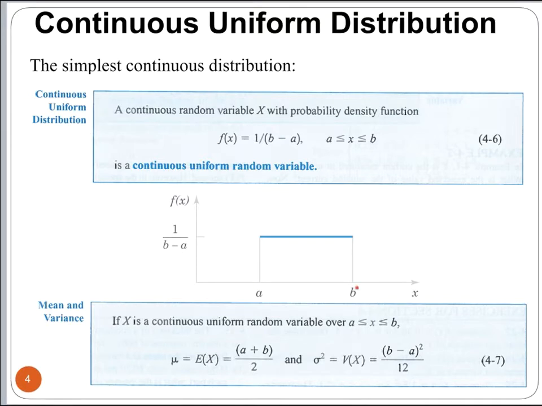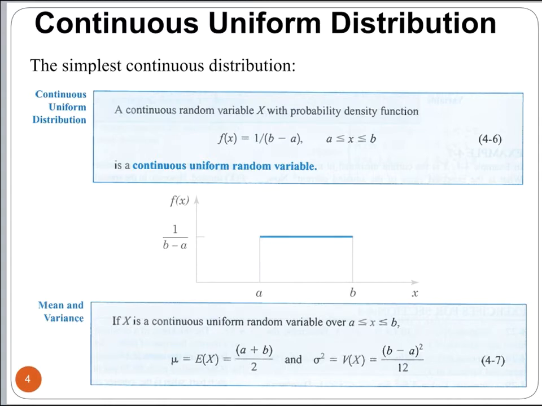So if we know that this width is b minus a, then this height must be 1 over b minus a, such that when you multiply the width by the height, it's going to give you the area of this rectangle, the total area under the curve, which should be equal to 1. So immediately, once you are given the values of a and b, the start and the end range of the random variable x, you can figure out the value of the distribution. f of x is equal to 1 over b minus a, and this is only when x is greater than a, less than b.